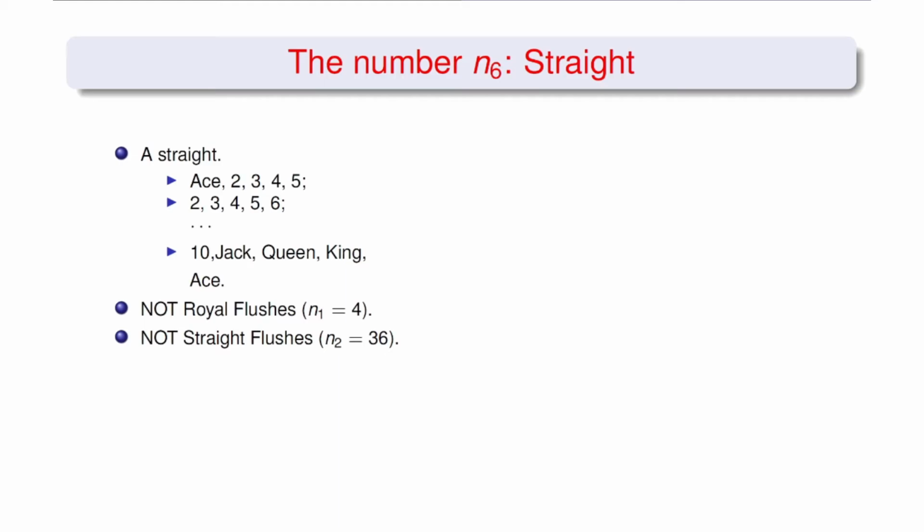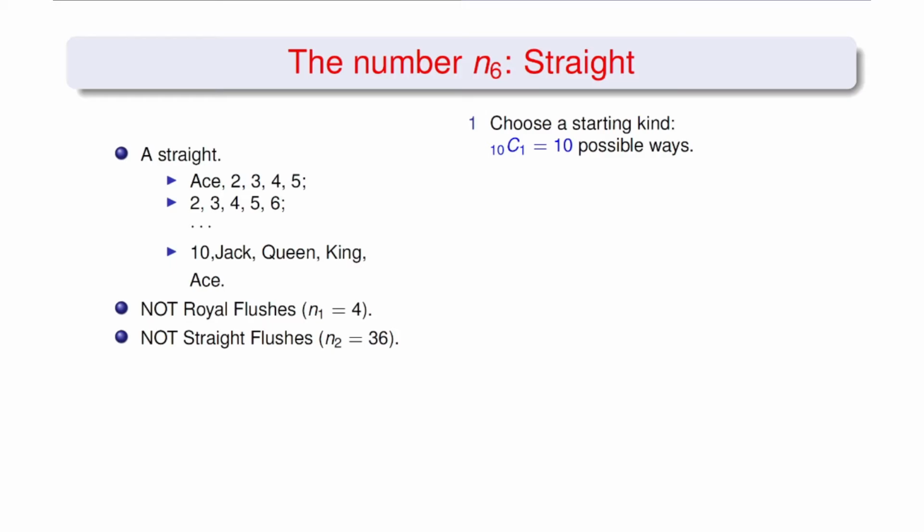Now how to get a straight? Step 1, choose a starting kind. Now as you can see, we have from ace to 5, 2 to 6, up to 10 to ace. All right, so there are 10 starting kinds.